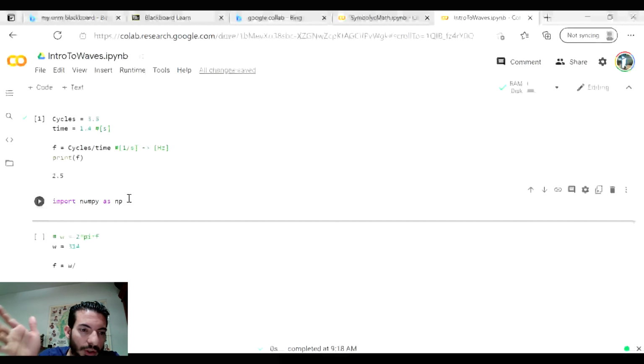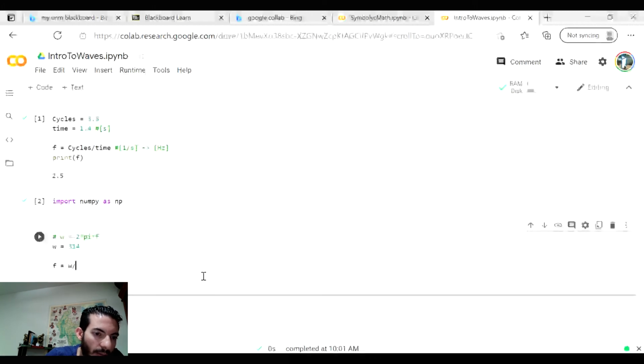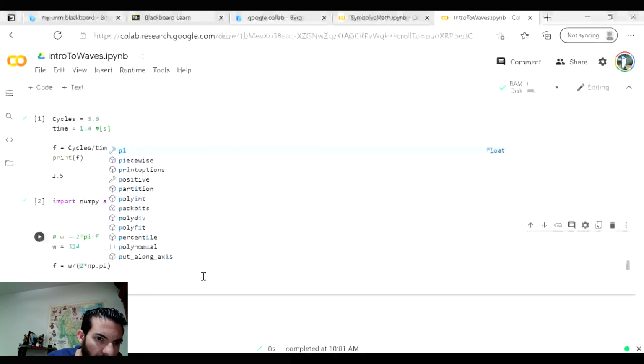I'm going to call that value from the numeric library from Python, numpy, and np is just an alias. This is a rule of thumb. So when I say np, numpy, 2 times pi, np.pi.